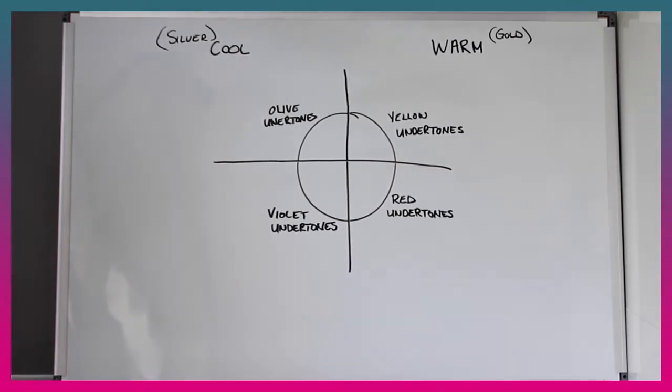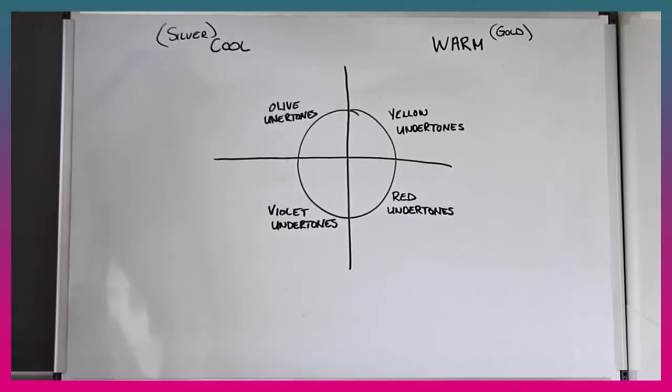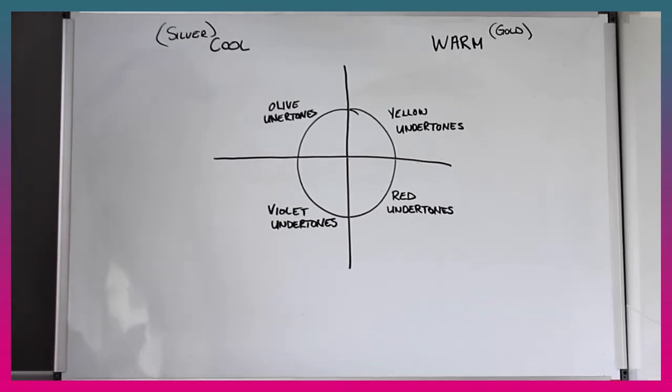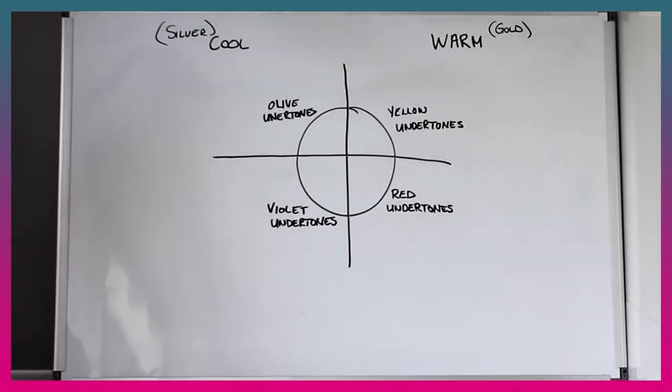What you're going to do is bring your client to natural light, so to a big window, drape the swatches over their shoulders and lift up from the bottom so that it reflects off the face. If the one that reflects off their face makes them look very vibrant and it's gold, then they're a warm skin tone. But if it washes them out, then they're obviously not a warm skin tone.